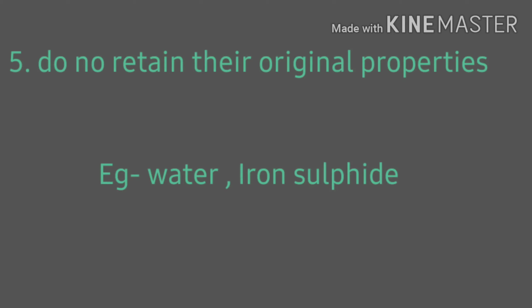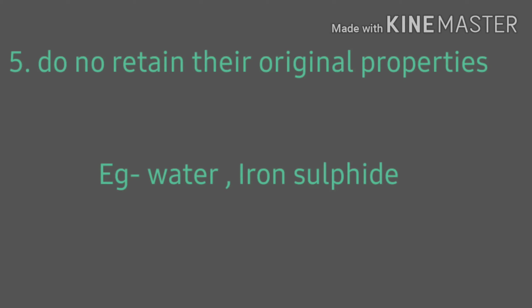Iron in iron sulfide does not give hydrogen gas when it reacts with dilute acid. Sulfur present in iron sulfide is also insoluble in carbon disulfide. So the properties of the constituent elements in iron sulfide are completely different from those of the compound.